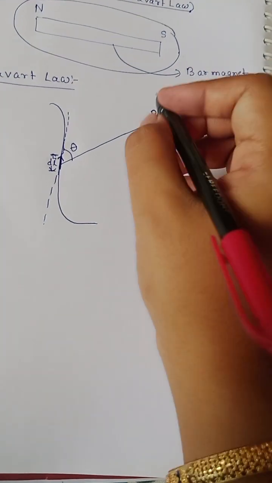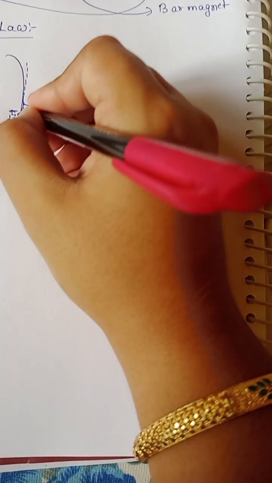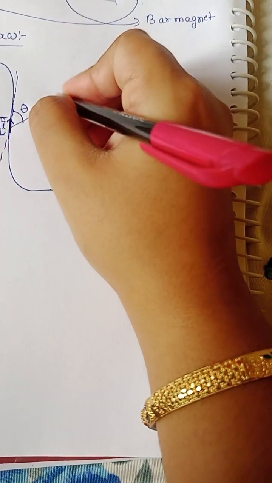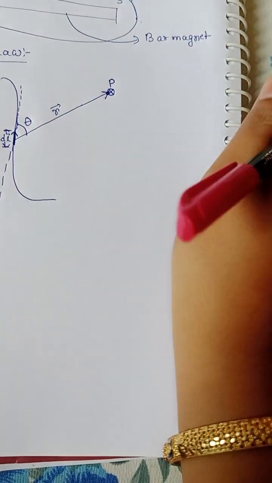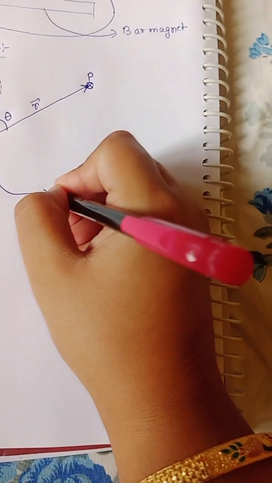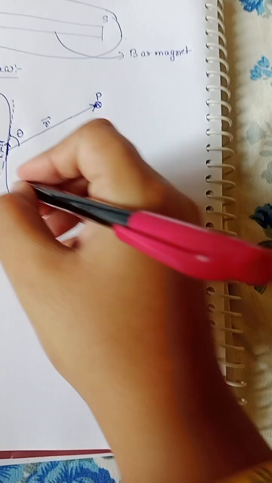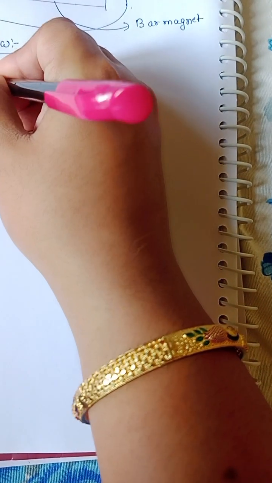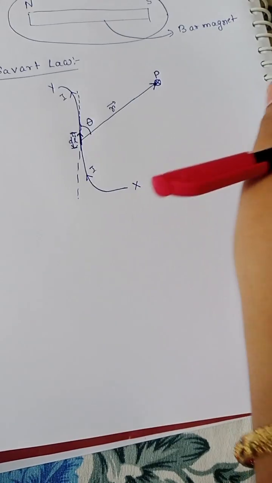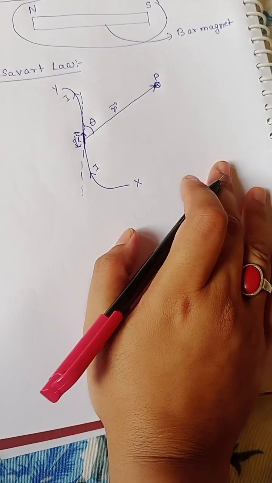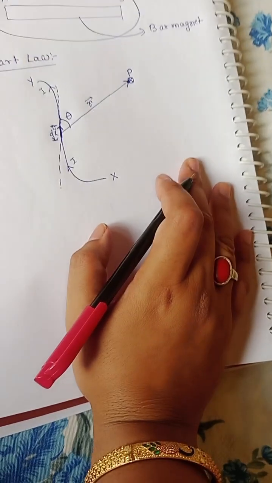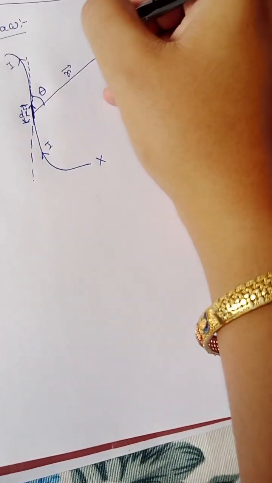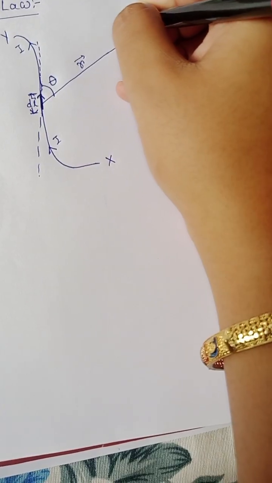This angle is theta, and the distance from the current element to this point is the vector r. And the current is flowing in the direction I. Now what is the statement of Biot Savart law? According to Biot Savart law, the magnetic field here is dB.